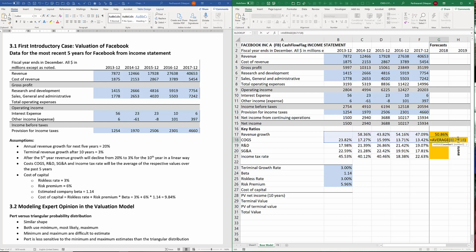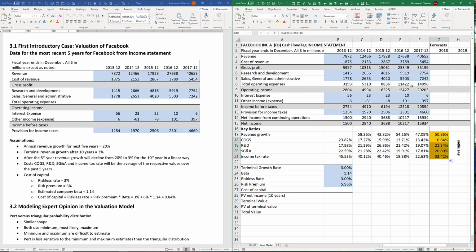Okay, so that should be 18 there. Okay, so copy that down. So these are the averages over the past 5 years.